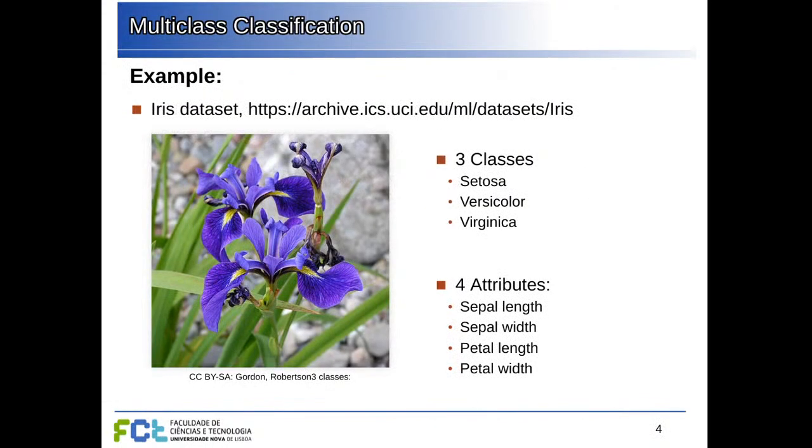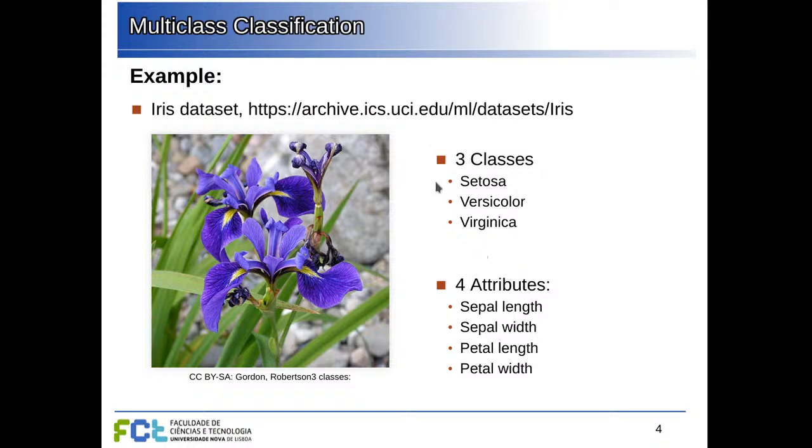So it doesn't matter if there are two classes or three and so on. But let's see how we can adapt other classifiers to this situation where we have more than two classes. And to do that, we'll use this example. This is a classical example in machine learning, the iris dataset, which is a dataset with 4 attributes that describe these flowers. So we have the sepals and the petals, and we can measure the length and the width of each. These are the 4 attributes.